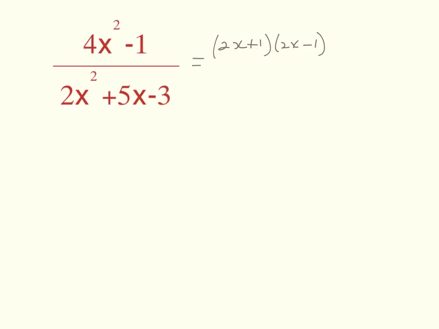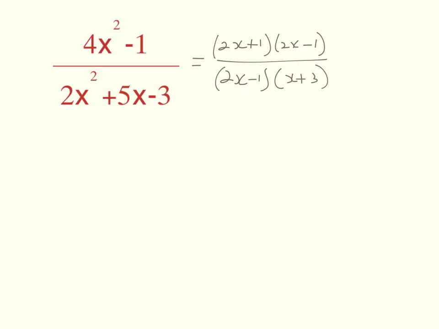And then all of that is going to be divided by, once you factorize the bottom, you get 2x minus 1 all over x plus 3 there.